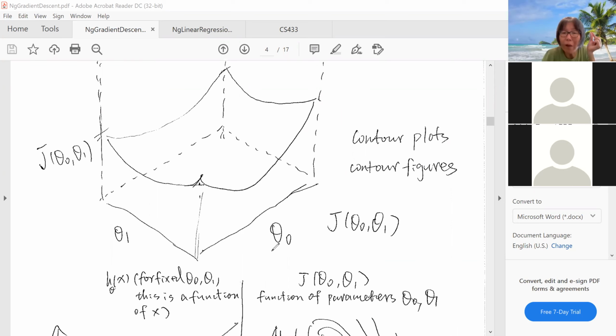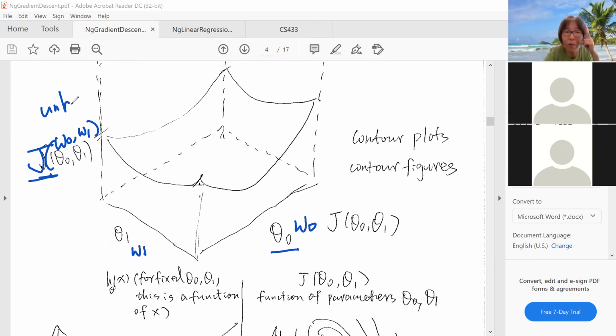But if W0 is not 0, so this is W0, this is W1, and if both are changing, then this cost function is regarding 2 unknown parameters.